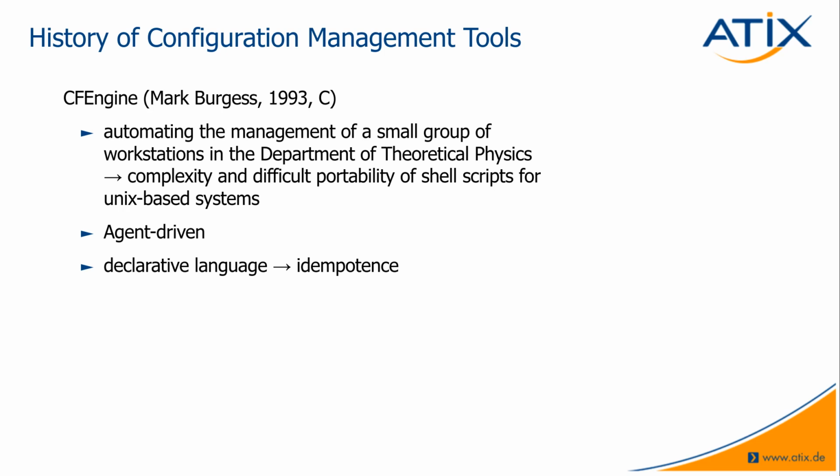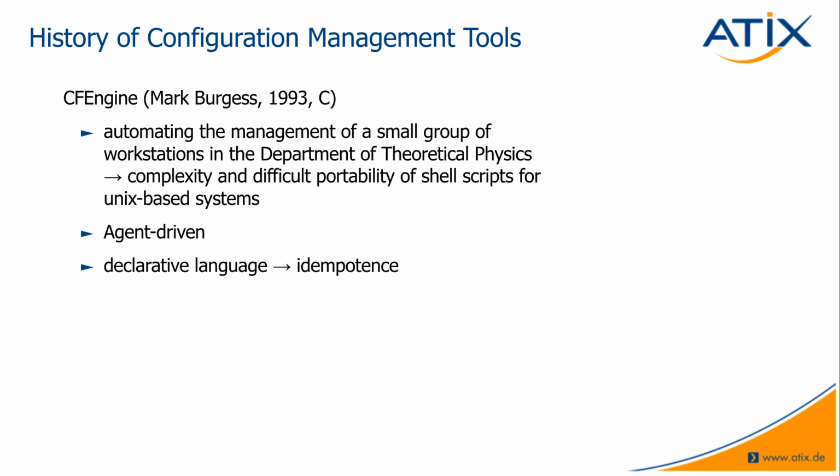The problem was that we had different operating systems, and the shell scripts were not portable, so they needed to be adjusted for different kinds of systems. So we needed to create an abstraction layer on top of that. That was CFEngine. So we could actually define the configuration and apply it on all systems independently of their architecture.